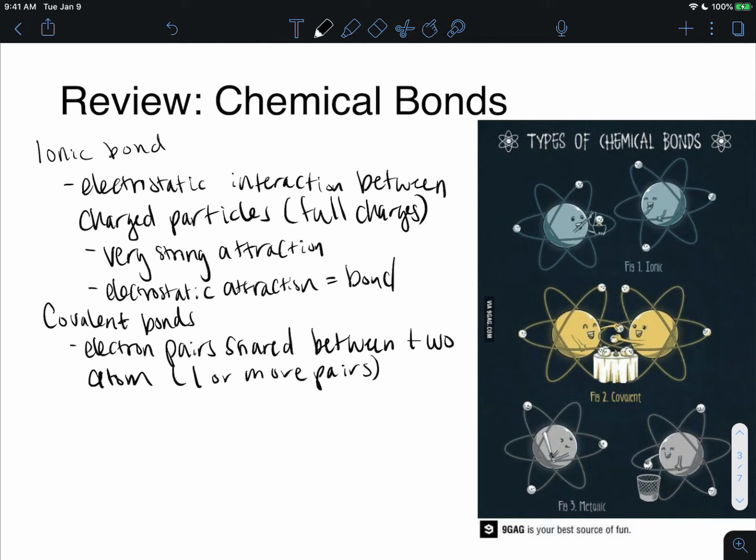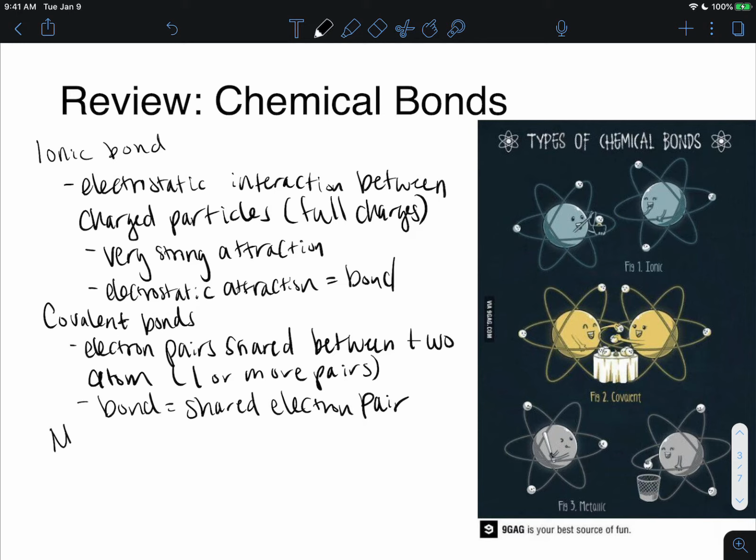Generally, we consider it between 1 and 3 pairs. And then that pair of electrons that's shared, or pairs of electrons that are shared, is a bond. So each individual pair of electrons that's shared is its own individual bond.